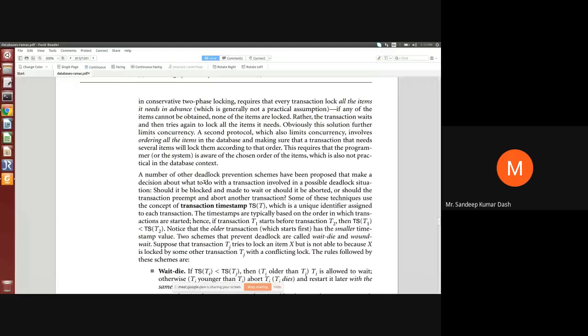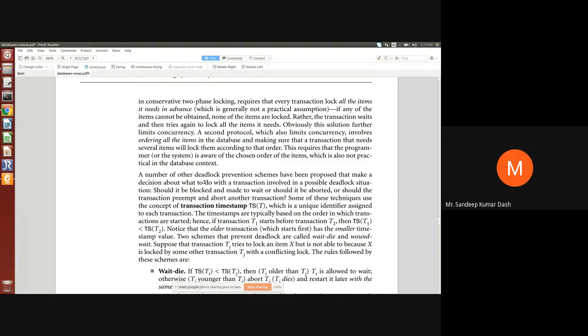Suppose this transaction is at 3 p.m., 2 minutes, 25th second. So a timestamp may be assigned differently to a transaction, consisting of a time or any value or sequence of transactions T1, T2, T3, likewise.